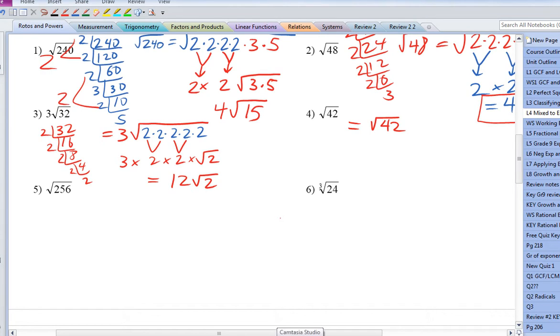Okay, first one here. Keep working, keep working. That's only if there are extra numbers that don't have a letter.